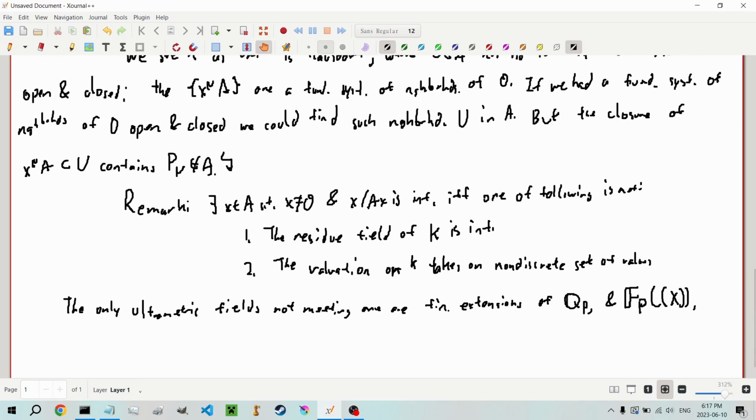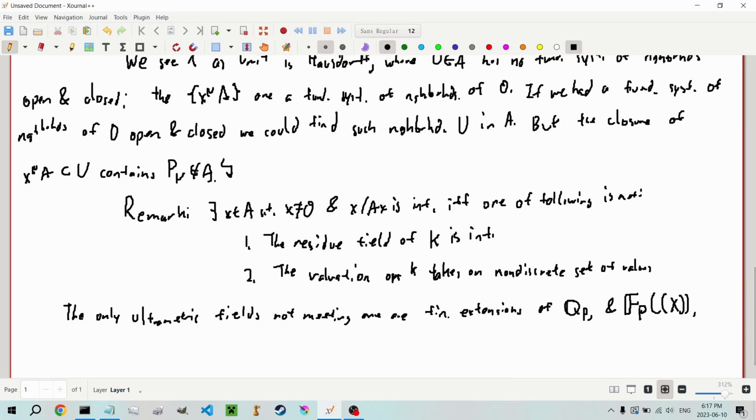Next up, we're going to be looking at the structure of p-adic manifolds. Kind of an important thing to get our head around potentially.